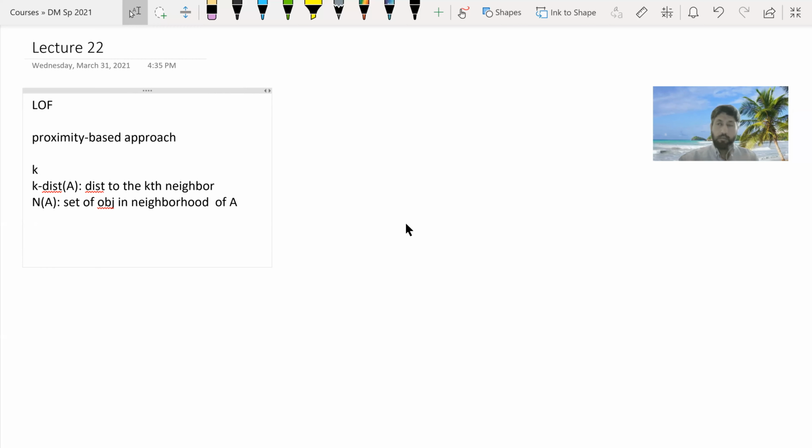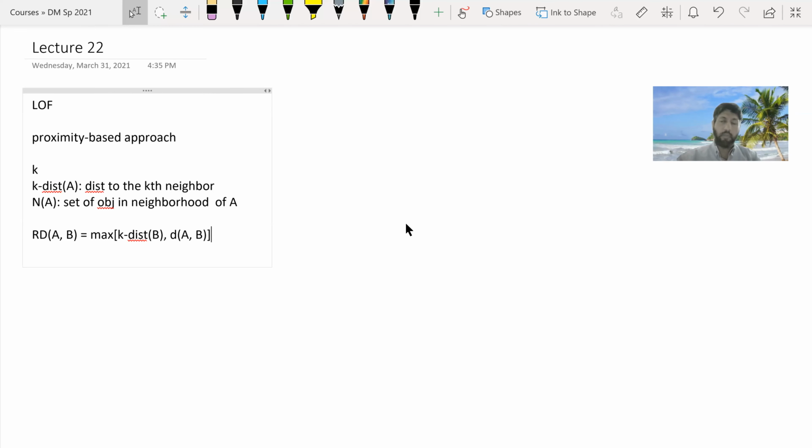Then they talk about a concept called reachability distance, or RD. So RD of A from some other object B is given as the max of the k distance of B, which is another object, or the actual distance between A and B, whichever is maximum.